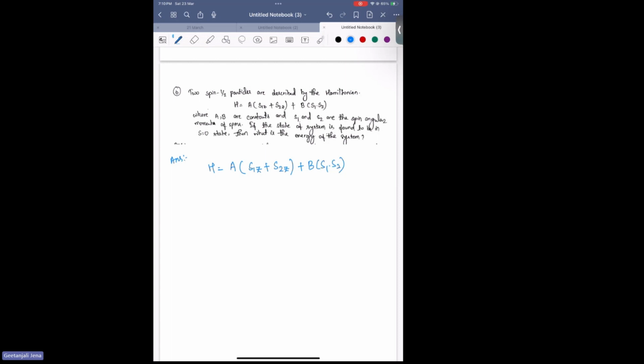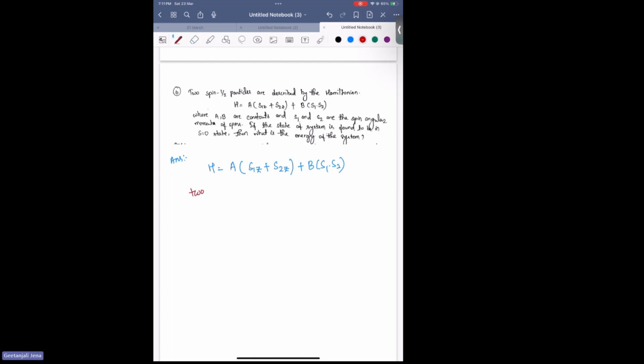Now A, B are constants and S1, S2 are the spin angular momenta of the particles. If the state of the system is found to be in S equal to 0 state, then what is the energy of the system? So Hamiltonian is given to you, and there are two spin-half particles.